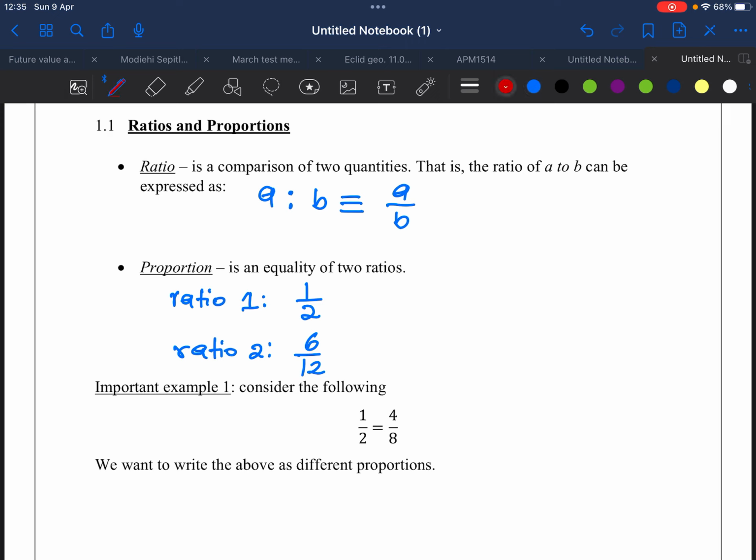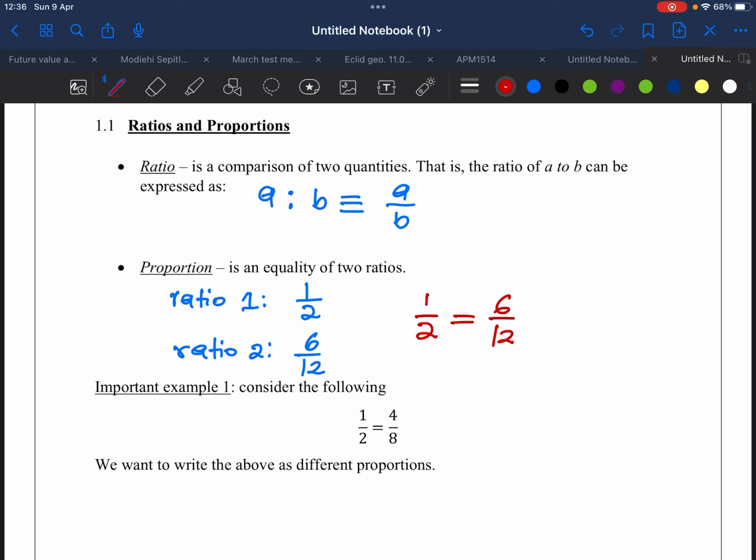We can all agree that 1 over 2 is equivalent to 6 over 12, because 6 goes how many times into 12? Twice, and 6 goes how many times into 6? Once. So it's 1 over 2. So these two things are in the same proportion.